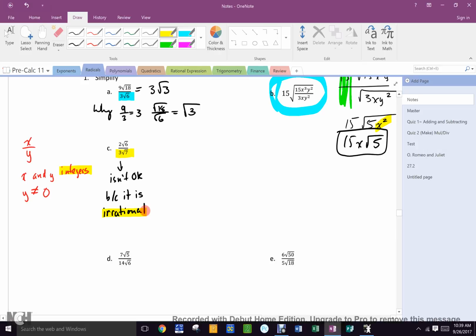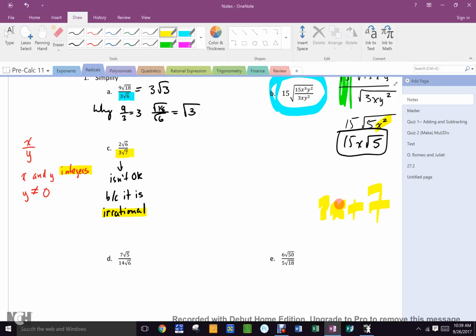So we fix it. How do we fix it? We have to get rid of the radical sign, don't we? Right? We all know in math what we do to get rid of stuff. If I have to get rid of, in 2x plus 7, if I have to get rid of the 7, what do I do? Minus 7, right?